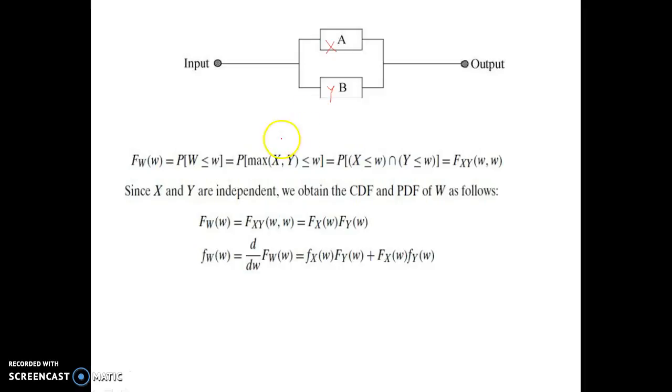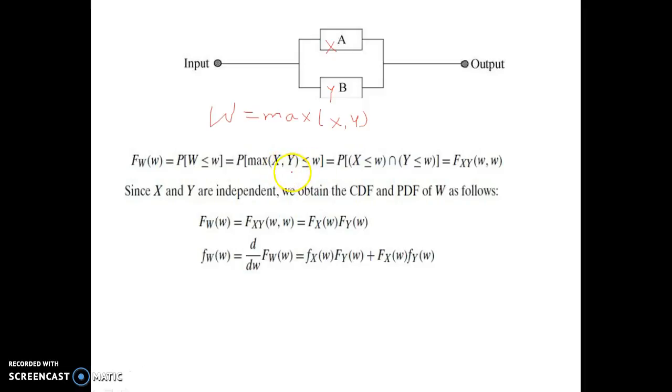So in order to find the maximum of the two reliabilities, we represent W as the maximum of these two independent random variables. W is given by max of X and Y. Again, if we follow the previous procedures for finding the CDF and PDF, to find the CDF of W, we write probability of W less than or equal to w, which is given by probability of max(X, Y) less than or equal to w.